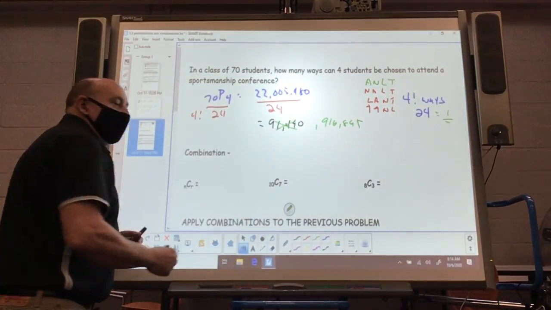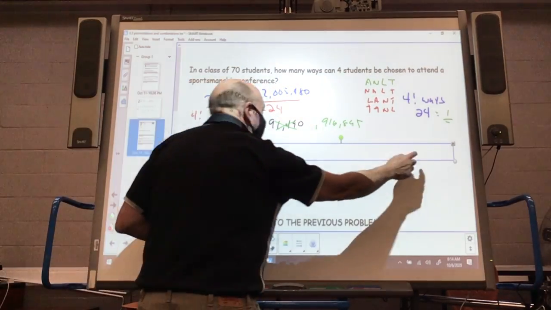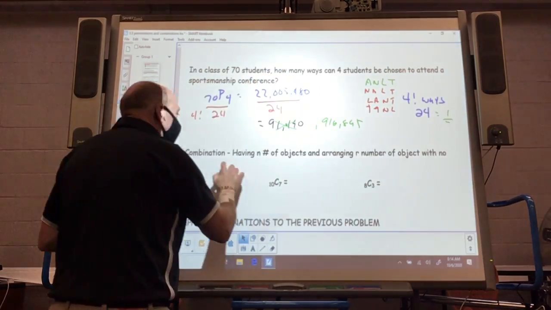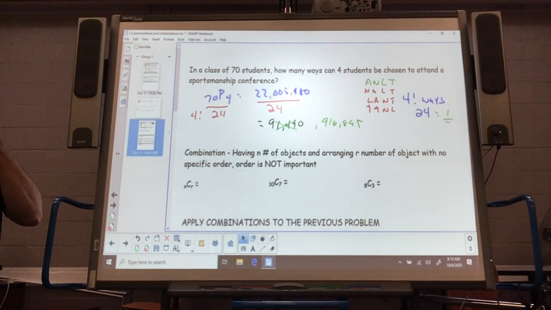Alright. Let's redo it. What this is called is a combination. Having n number of objects and arranging r number of objects is the exact same thing, but with no specific order. Order is not important. So it's the exact same thing as a permutation, but now order is not important, where in permutations, order was important.